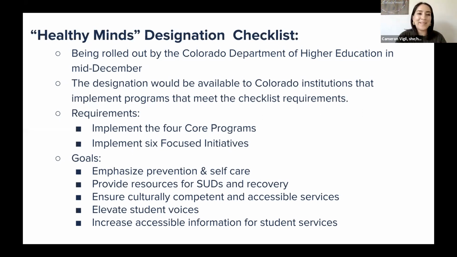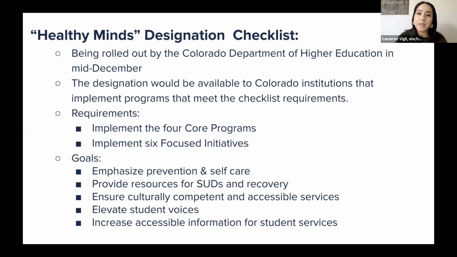But the good news about this is that the Colorado Department of Higher Education is getting ready to roll out this checklist in mid-December. And so all the students in Colorado should be able to have access to this checklist, and you'll be able to see what's on this checklist. And again, the goals of the checklist is to emphasize prevention, self-care, provide resources for substance use disorders and recovery, ensure that there's culturally competent and accessible services.